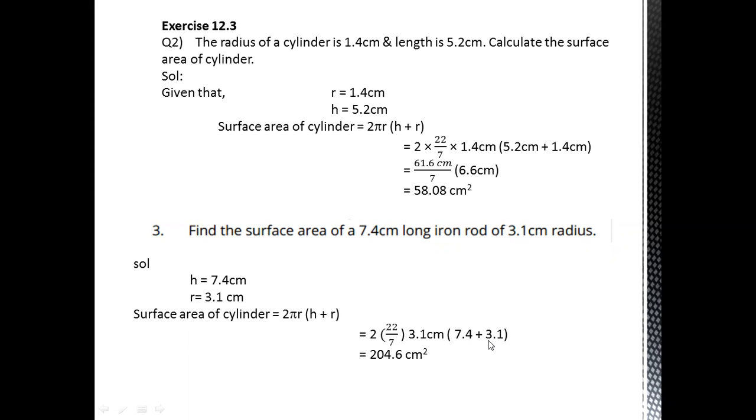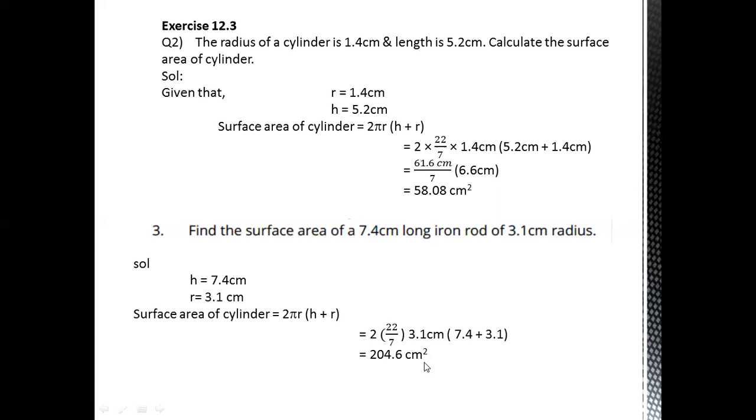So bracket we solve first, we add them, we get 10.5. So 10.5 multiply with 3.1, that multiply with 22, that multiply with 2, and then the whole answer divide by 7. So we get 204.6 centimeter square. So this is the surface area of the cylinder.